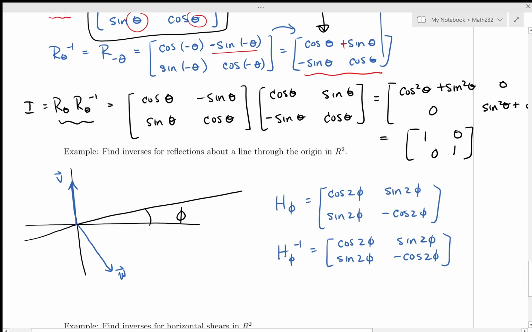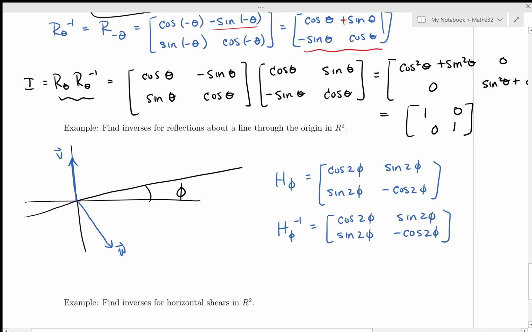Now, what can I notice here? Well, one thing I could notice, which we talked about earlier, is that this matrix here is an orthogonal matrix. That means that the inverse is the transpose. So I'm now going to take a quick look and see, is this true? I've computed the inverse geometrically.